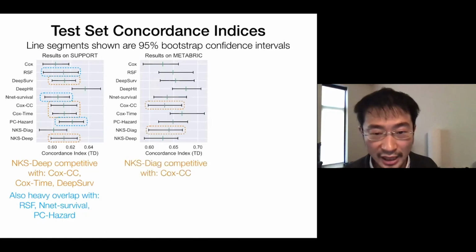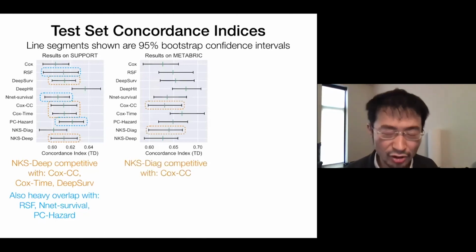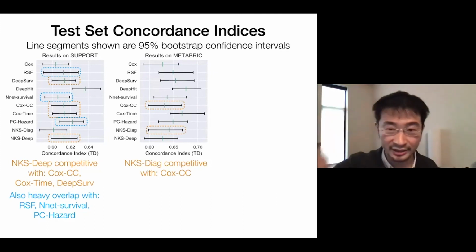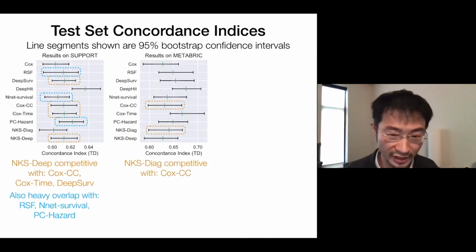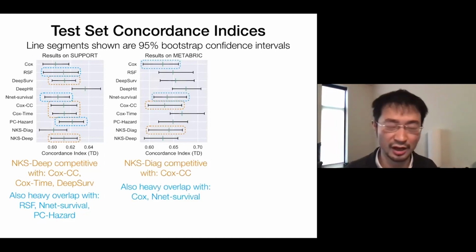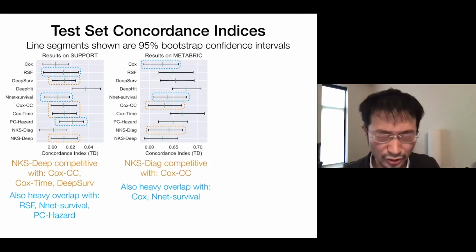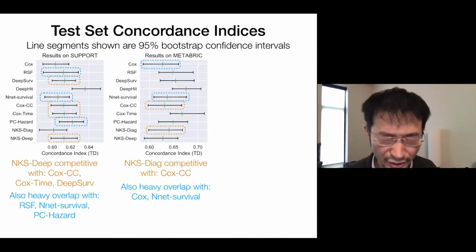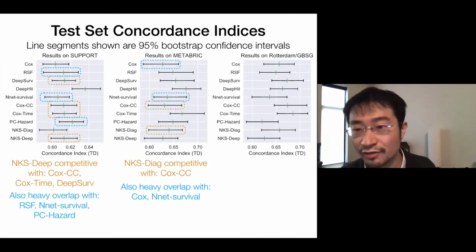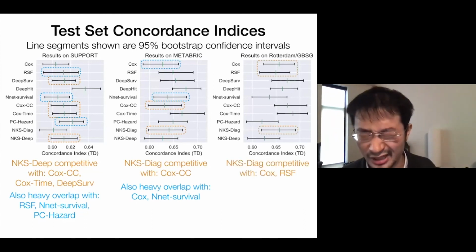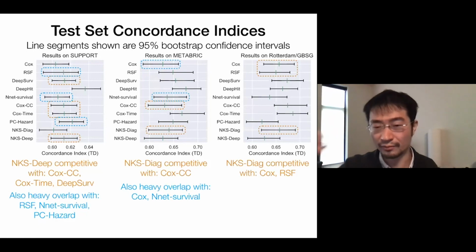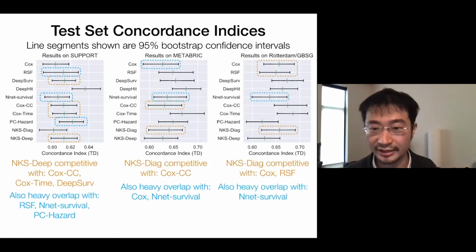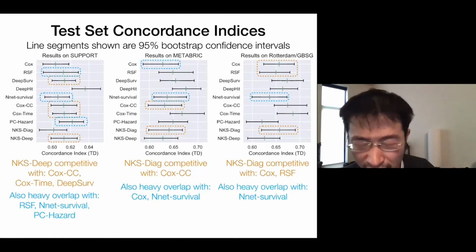For METABRIC, the neurokernel survival analysis with that diagonal weighting, a really simple neural net, achieves similar performance to this baseline called Cox case control, CC. There's also heavy overlap with regular Cox proportional hazards and this neural net baseline called Nnet-survival. And for Rotterdam and GBSG, this NKS diag is competitive with the classical baselines, and it has close performance to Nnet-survival as well.